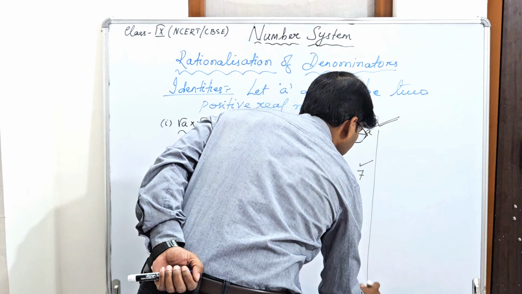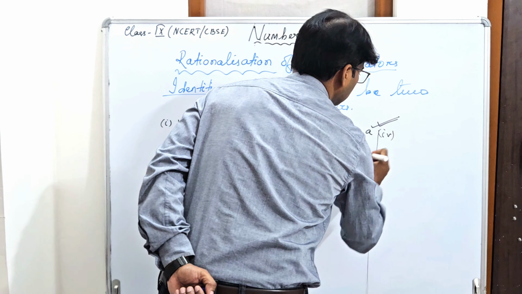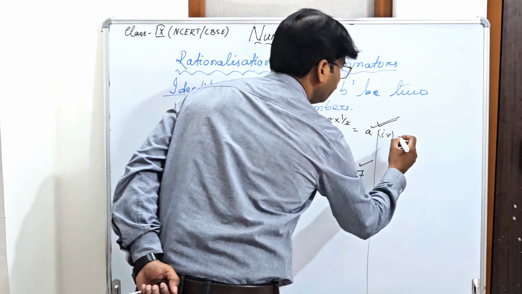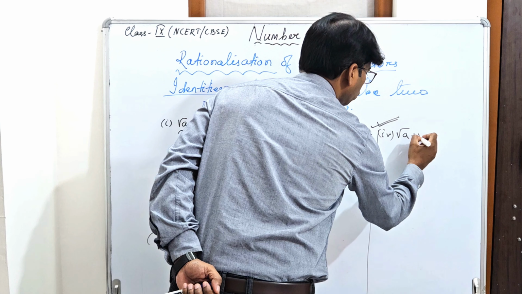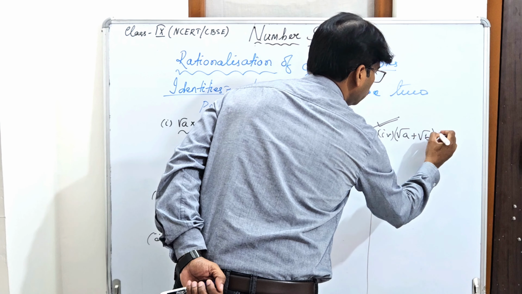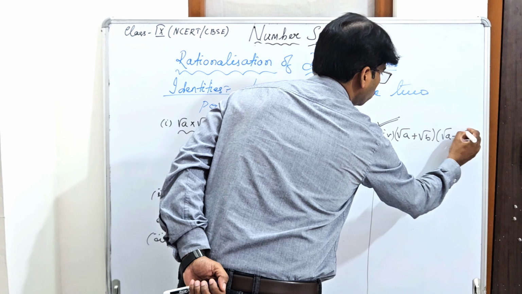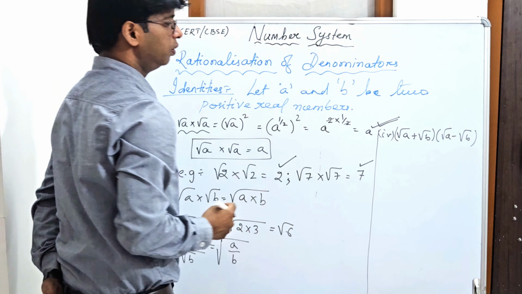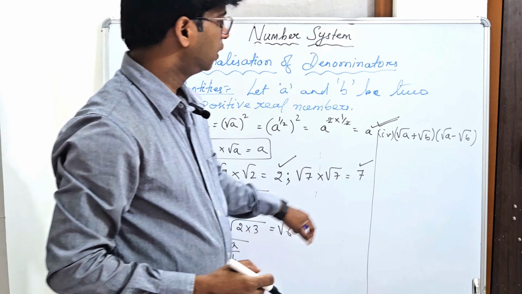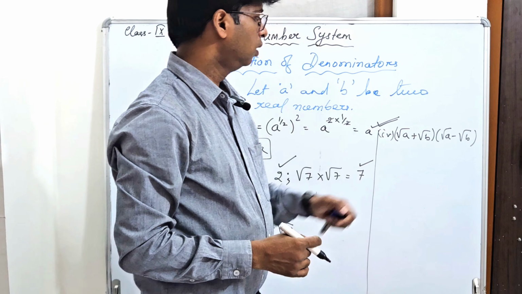Then the fourth identity is again a very important one. Root over of a plus root over of b whole into root over of a minus root over of b. If you remember, in class 8 we have done this, used this identity for factorization.